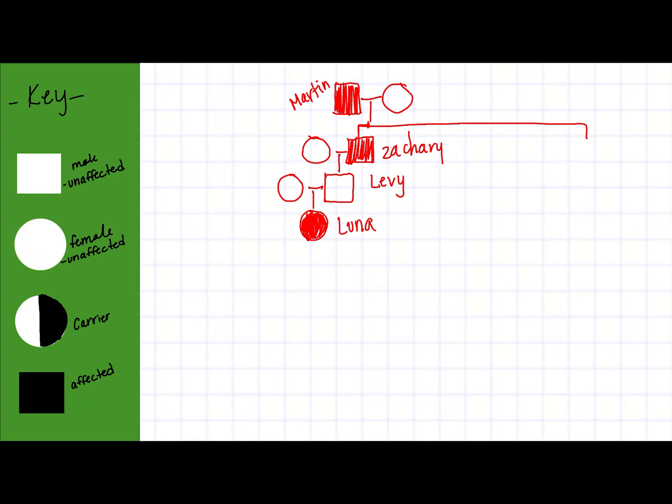We're only going to draw the children for which we have information, because otherwise it's going to get to be a lot really fast. Okay, so let's see what else we've got here. Luna married a man named John Stacy, who was not blue. And together they had 13 children.